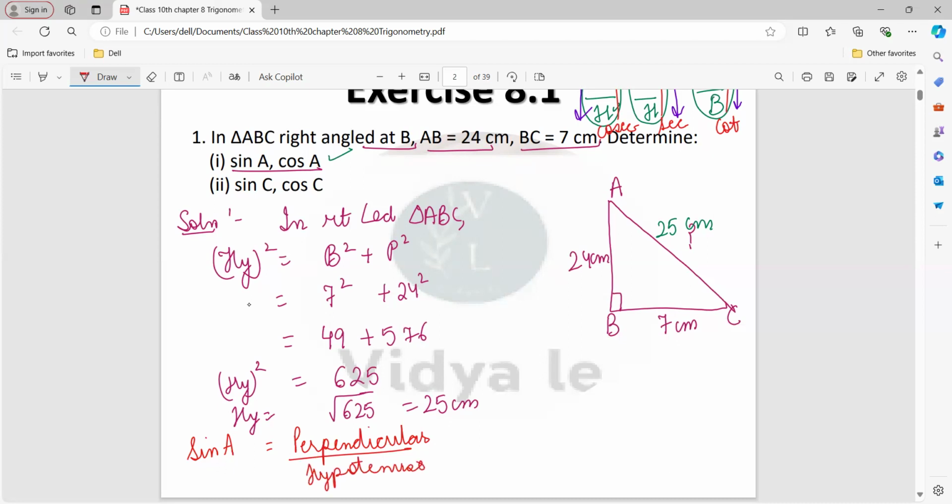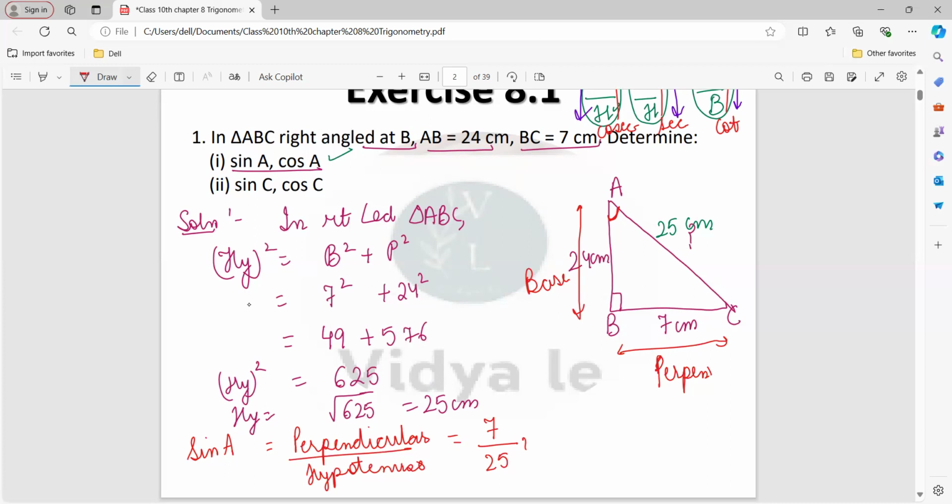Now, we need to find sine of angle A. When we are talking about angle A, at that time, AB will be the base and BC will be the perpendicular. And hypotenuse will be the same, which is 25 every time. So this time, perpendicular will be 7 centimeter and hypotenuse is 25 centimeter. That is, sine of A is equal to 7 upon 25, right?